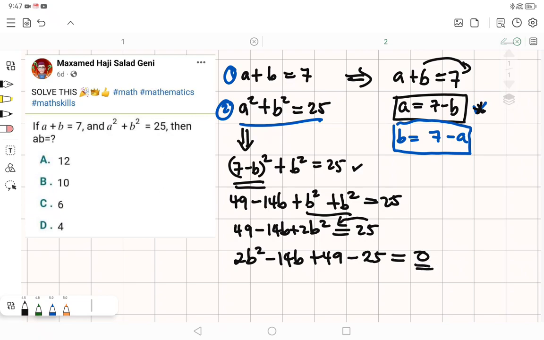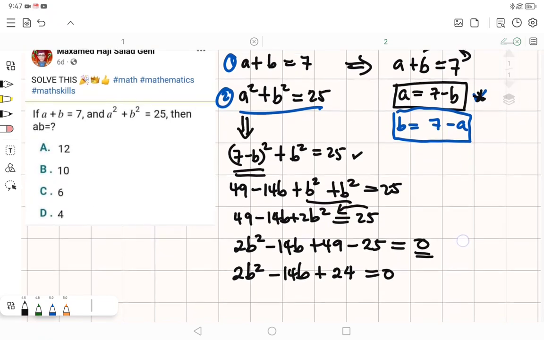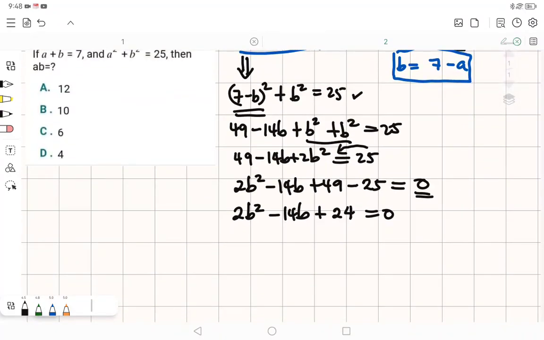Okay, now let's simplify. So we have 2b squared minus 14b plus 49 minus 25, which is 24, equal to 0. Now, as we can see, all the terms are divisible by 2.